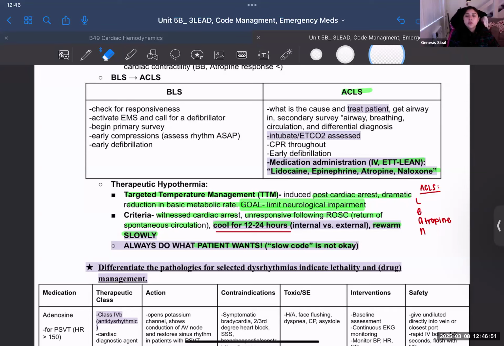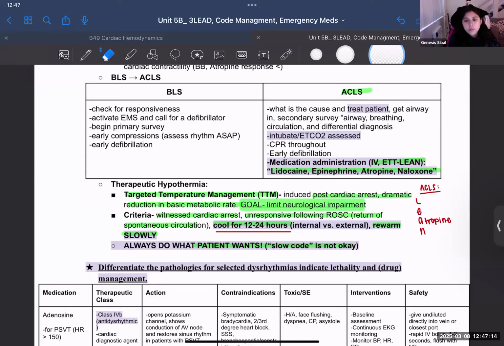But really, for medication administration, what she wants you guys to know is the IV meds that you can be giving or giving through the endotracheal tube. That medication acronym is LEAN. Just memorize that because she will ask you about that for sure. I actually don't know if she did for this exam now that I'm thinking about it, but I know she did at least for the final.